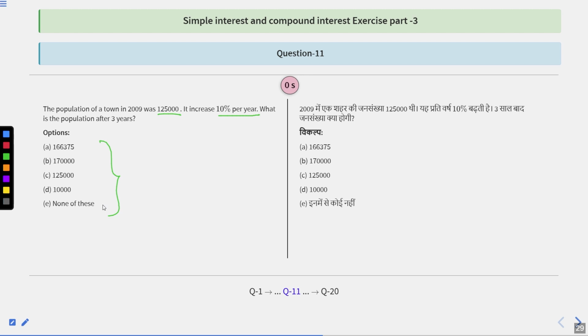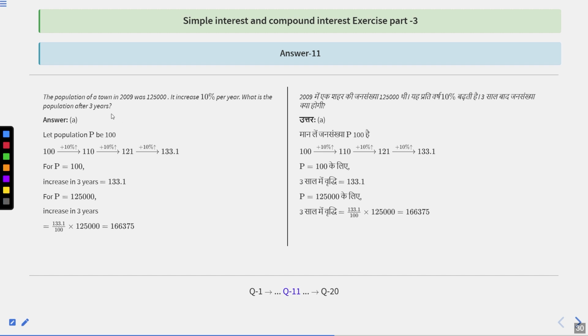Now time's up. Let's see the solution. The question says the population was 1,25,000 in 2009 and it increases by 10% per year. So if we let the population be 100, after 3 years it will become 133.1. So we can easily calculate it.